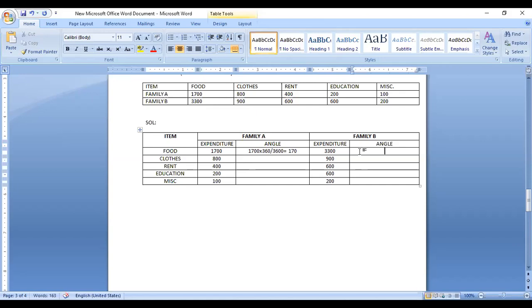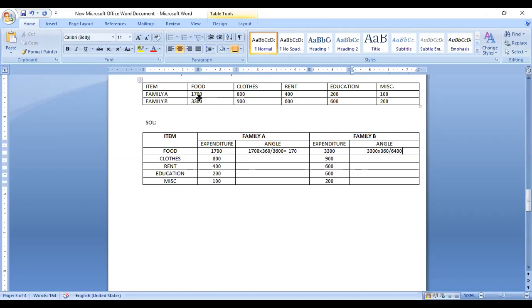So here also, 3300 into 360 divided by 6400 we have to take. Why this 6400 and why 3600?